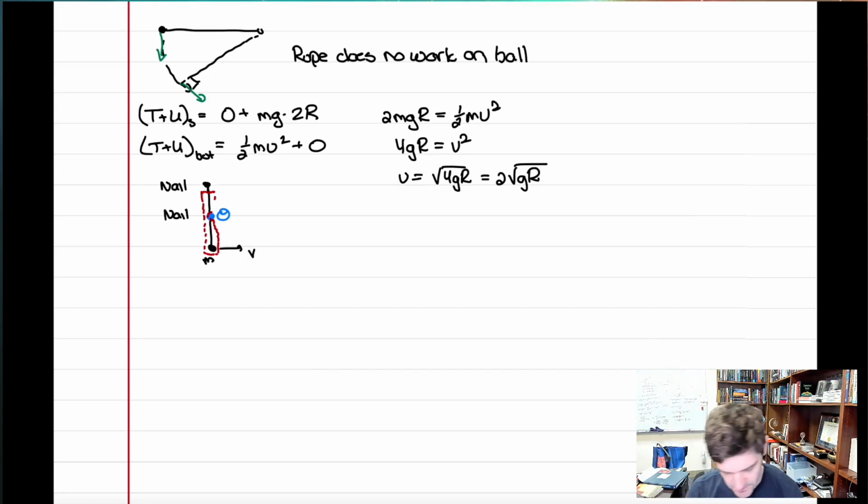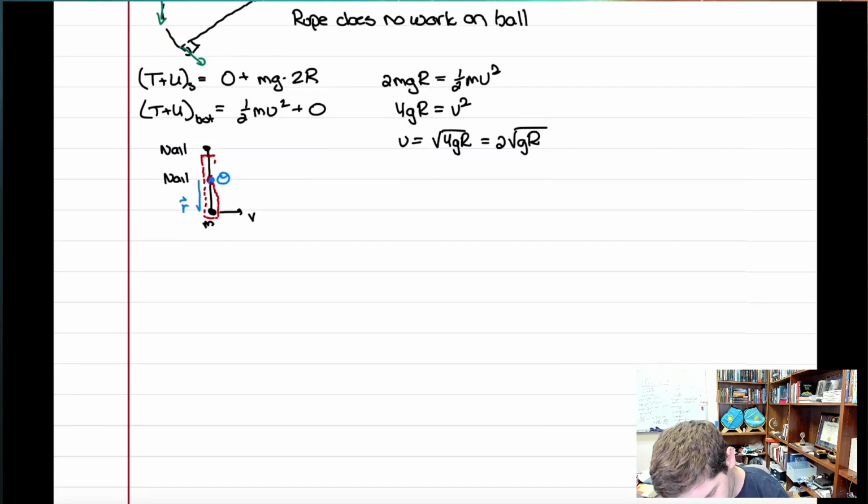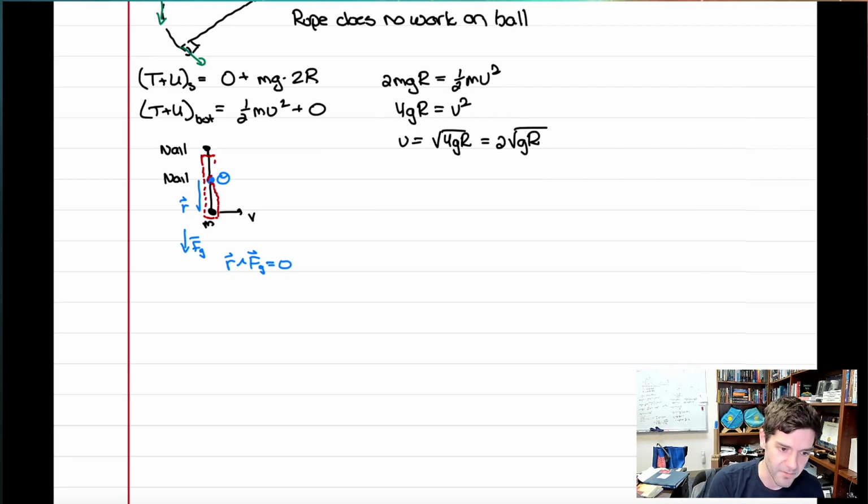And so is r in this case, right? If I use that as my origin, then this is my position vector r. But then if gravity is also pointing straight down, r cross the gravitational force is going to be 0. So there's no torque happening from gravity.